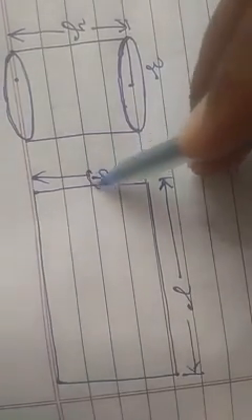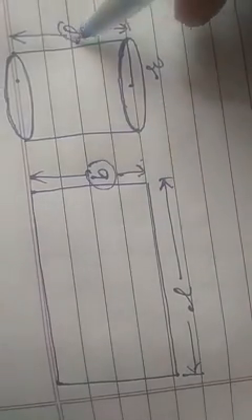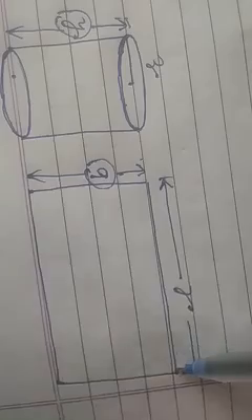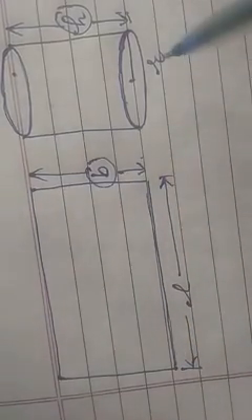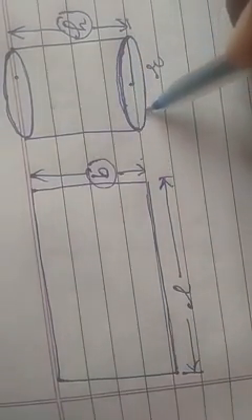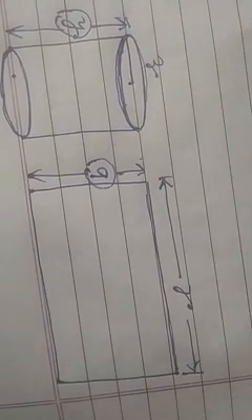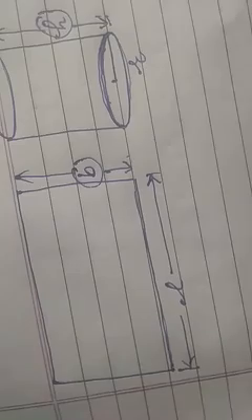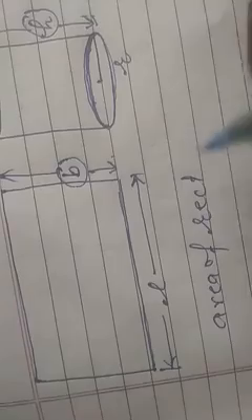Now B is changed to h and L is changed to circumference C. Now we know that the area of a rectangle is equal to L into B unit square.